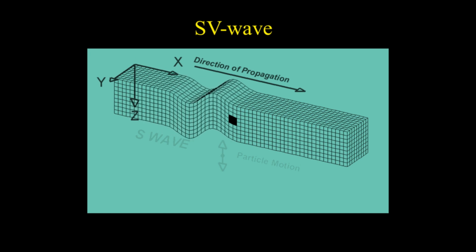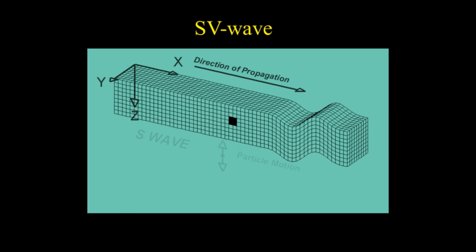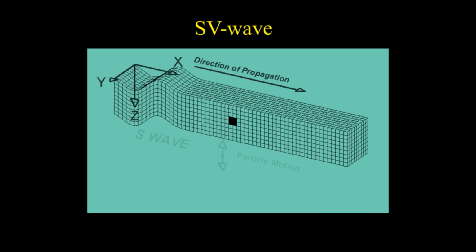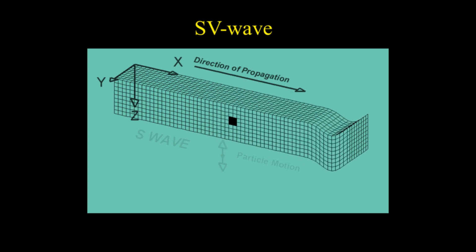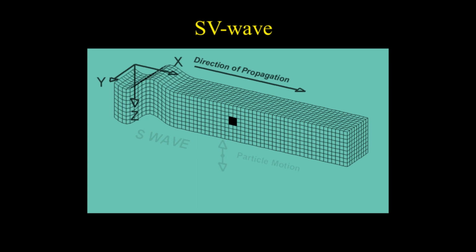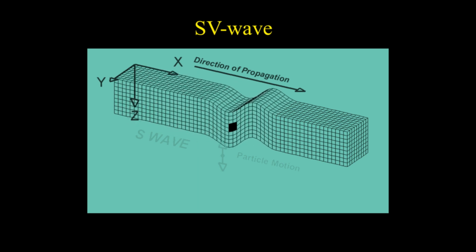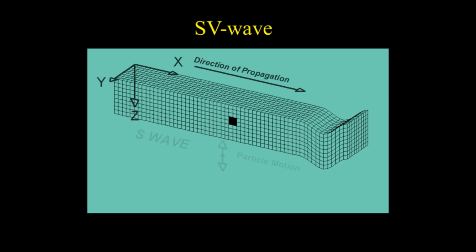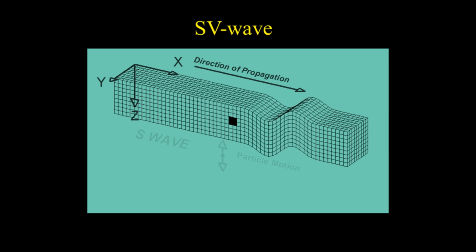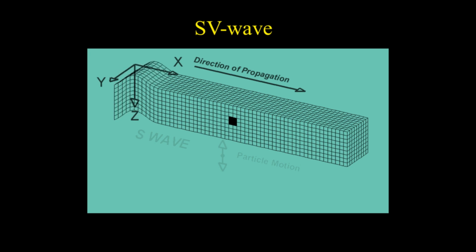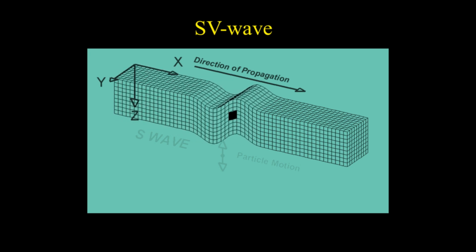Let's watch. Particle motion consists of alternating transverse motion. Particle motion is perpendicular to the direction of propagation, that is, transverse. The transverse particle motion shown here is vertical, but can be in any direction.